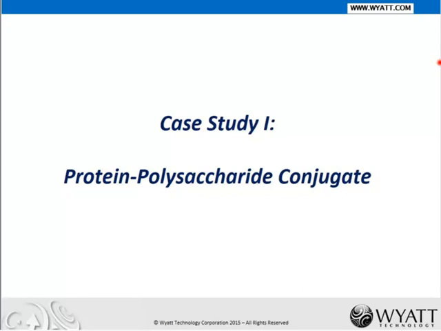But recently, we used both SEC and FFF to measure some high molecular weight protein-polysaccharide conjugates. And I'm going to share those results with you today to compare SEC versus FFF for those conjugate separation, and also to discuss some potential advantages of using field flow fractionation for the separation.